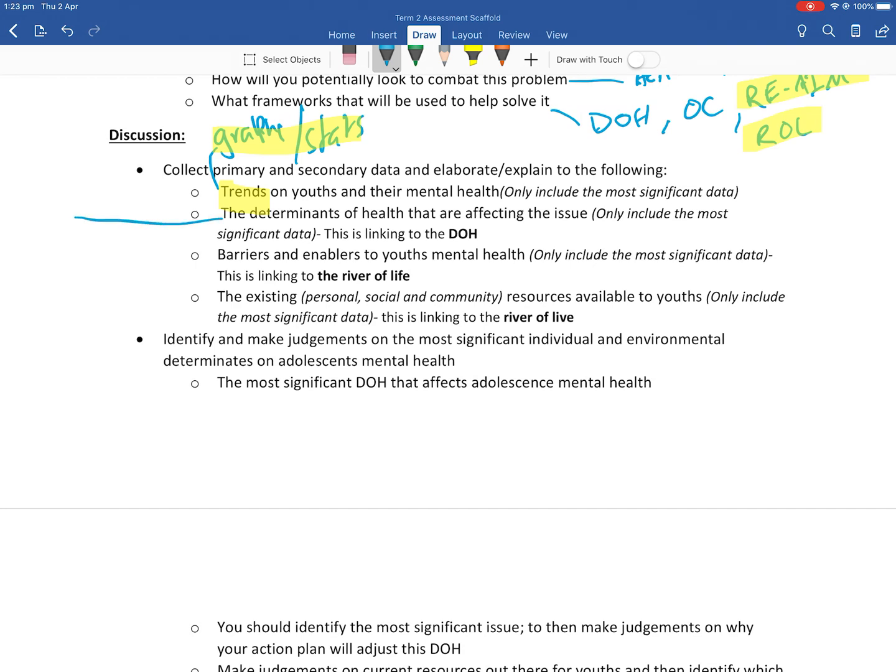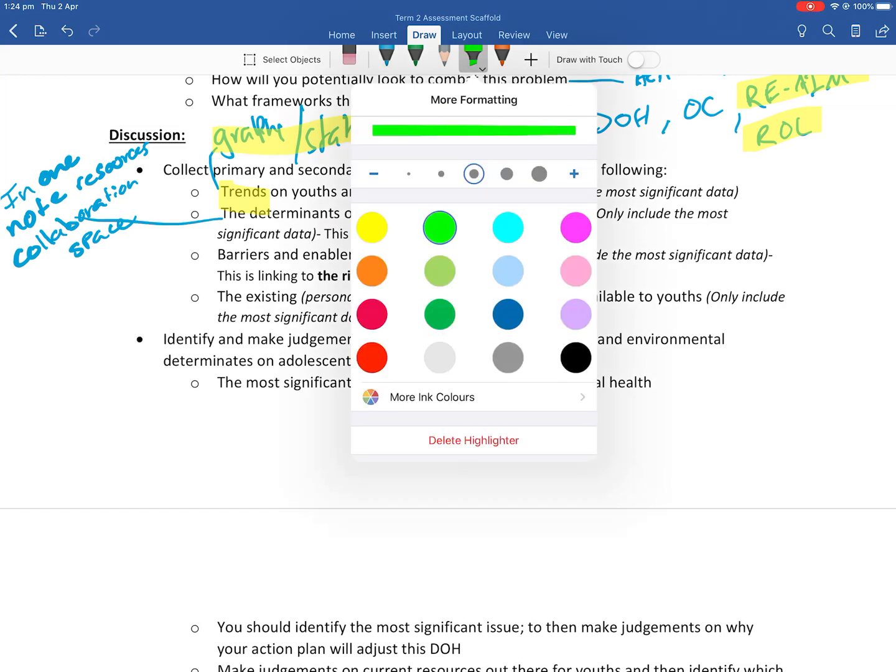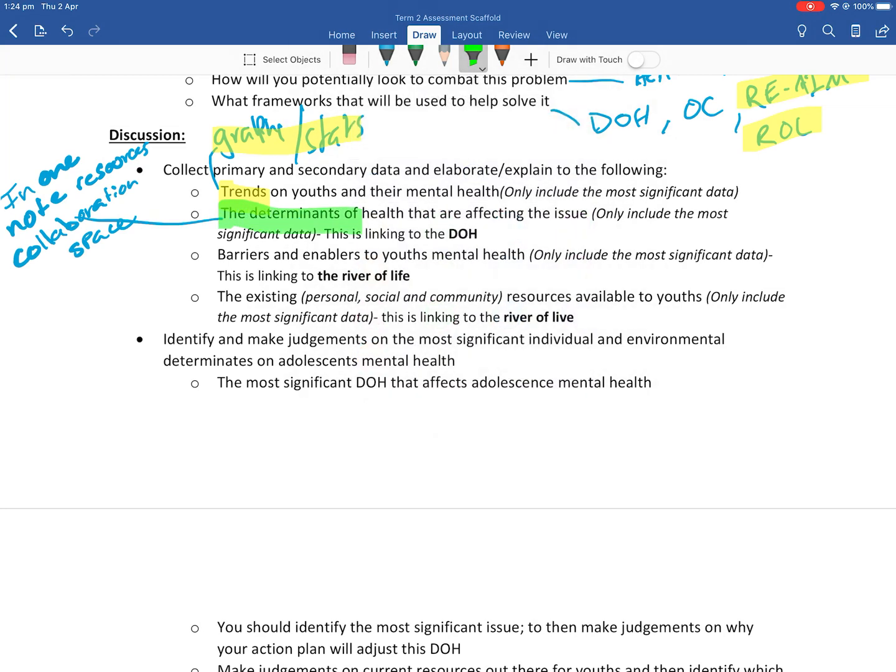If you are still struggling, refer back to the framework that is in the OneNote. You all have a copy of this in your OneNote, in your resources section of the collaboration space. Please make sure you are referring to that document to make sure that you are talking about the right determinants of health.